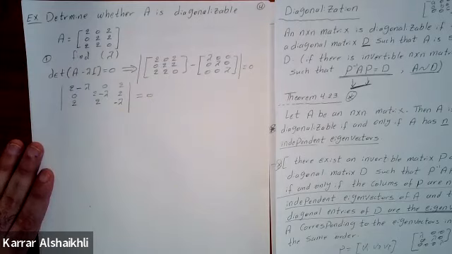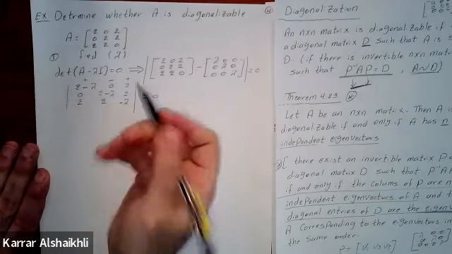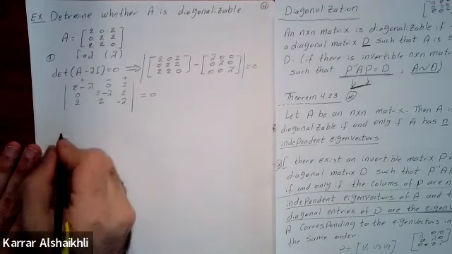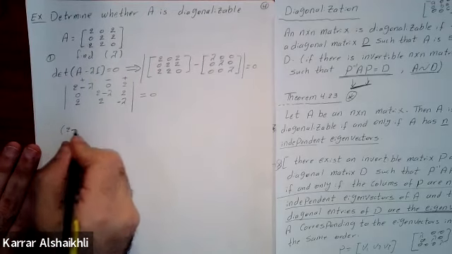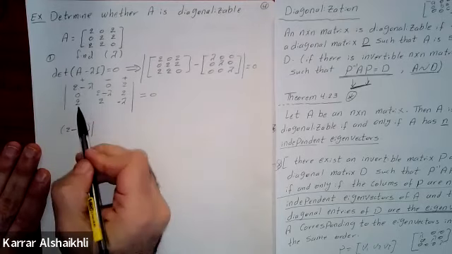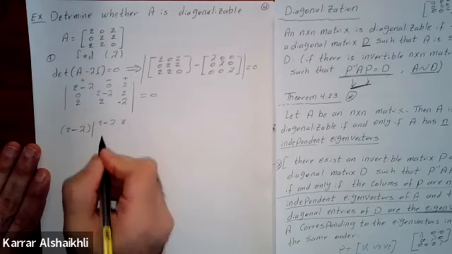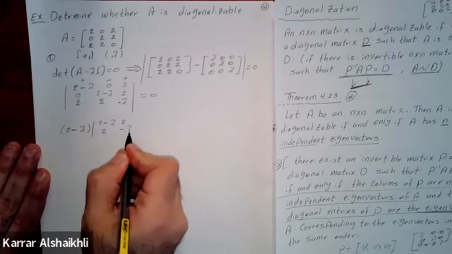Here is the important thing. You see, these are basic steps. You have to be careful here. Plus, minus, plus. I did that in detail. So the first thing is going to be 2 minus lambda. Cancel this whole column, so it's going to be 2 minus lambda, 2, 2, and negative lambda.